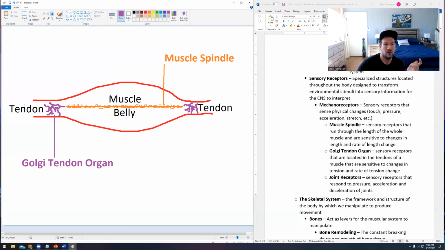We would have a bone on either side here that this muscle is connected to. So if the Golgi tendon organ thinks that there's a really high amount of tension and that the tendon is going to lose its grip and peel off of that bone, it's going to create a pain signal to get you to stop stretching. Okay, so that is also a protective mechanism.